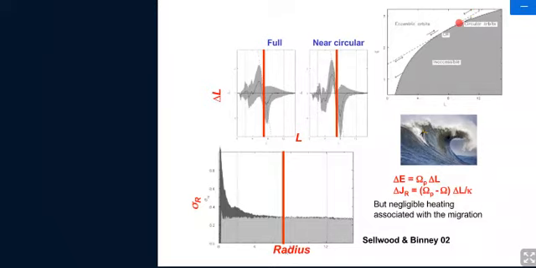Then we can also ask, what is the change in the radial action as the spiral perturbation moves the stars around? And they computed that the change in the radial action, delta JR, is omega p minus omega times delta L over kappa, the epicyclic frequency.